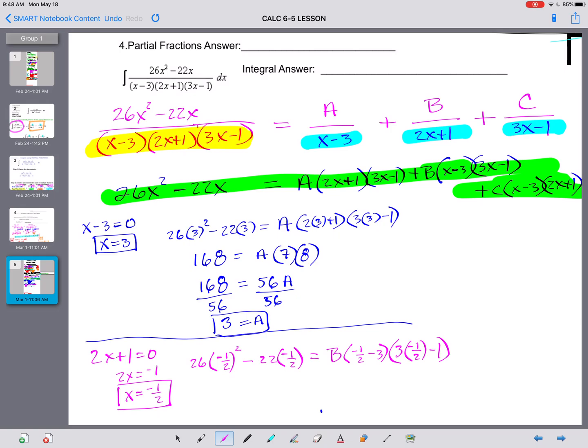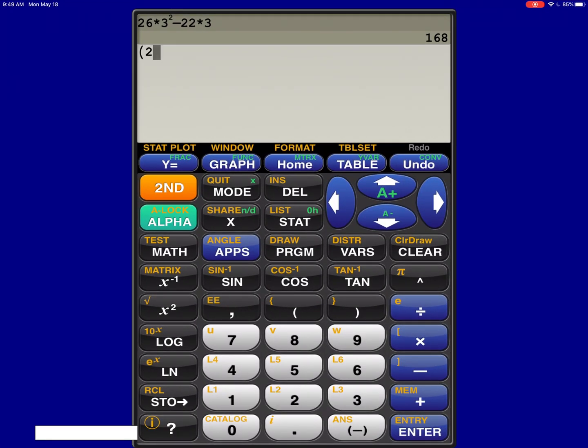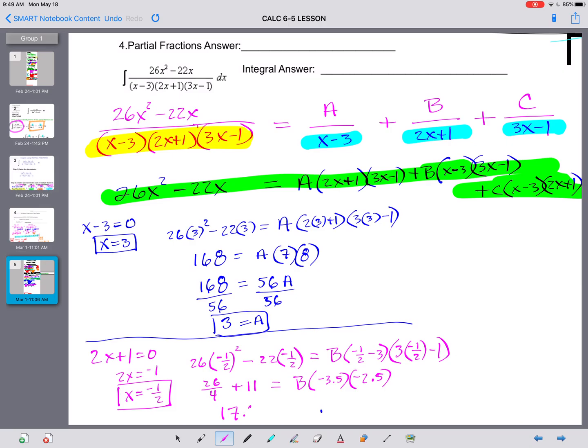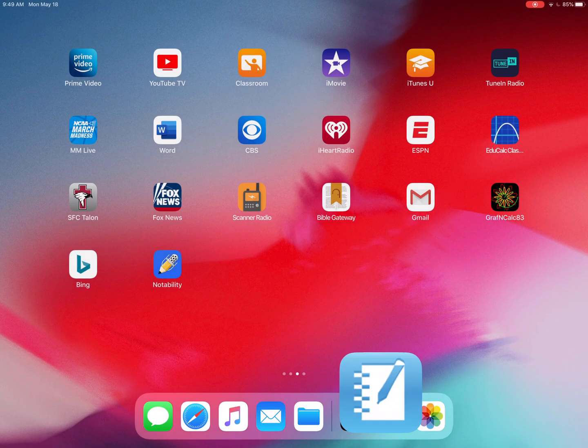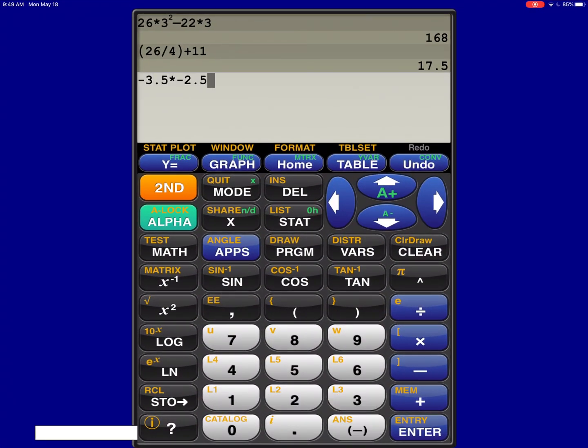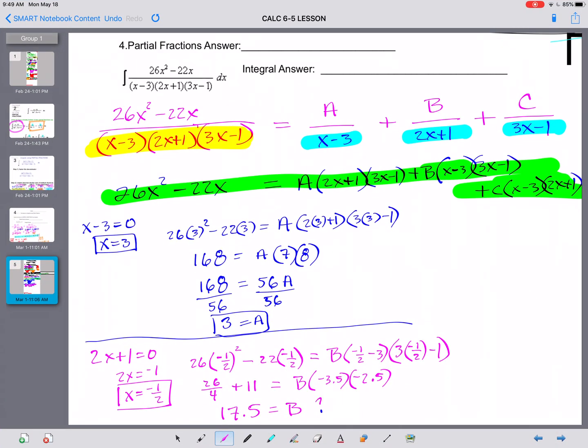Let's see what we have here. That's going to be 1/4 positive, so 26 over 4, plus 11, equals B times negative 3.5 times negative 2.5. Let's get some numbers. 26 over 4 plus 11 is 17.5. So 17.5 equals B times negative 3.5 times negative 2.5, which is 8.75.